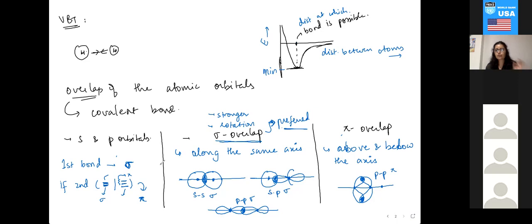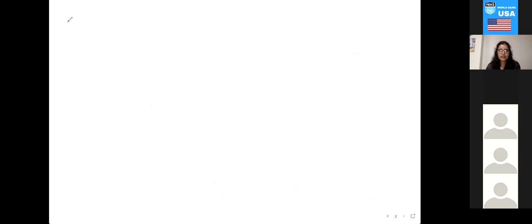I'll discuss 3 examples, one each for single bond, double bond and triple bond. It'll get clearer. The first example is, let's say, chlorine molecule form hona hai. What is the electronic configuration of chlorine?